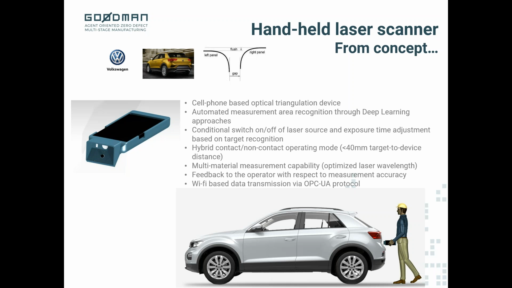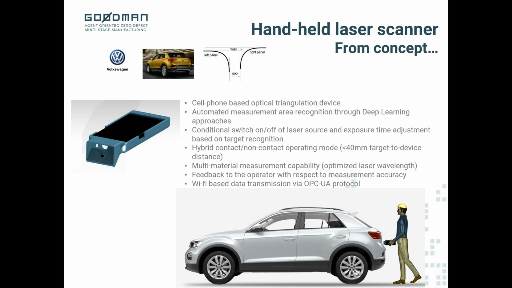There is a possibility to work in a hybrid mode, which means contact or contactless operating mode. In this case, the device works up to a target to device distance of 40 millimeters. By optimizing the laser wavelength, we managed to measure on very different materials, which means metal, plastic, chromed parts, and glass.